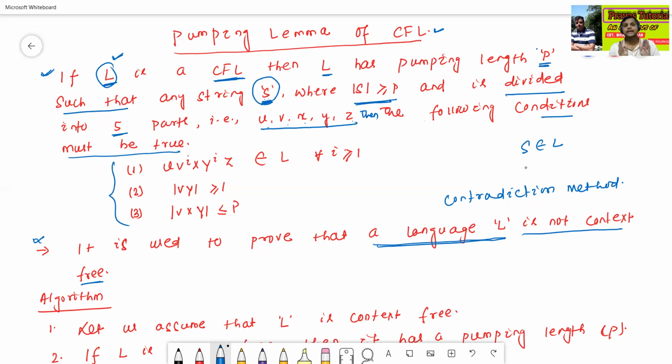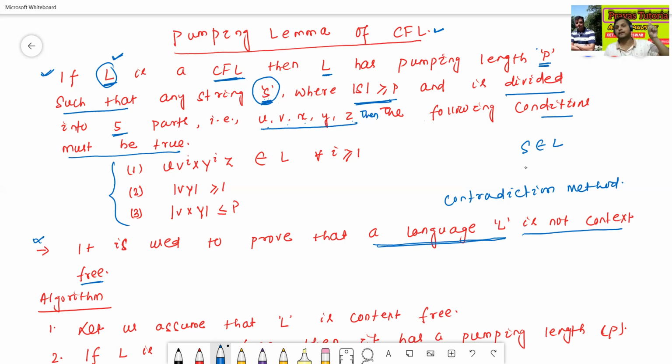Here I'm comparing the pumping lemma of regular language and context-free language. In case of the pumping lemma of regular language, we just divide the string S into 3 parts, let it be x, y, z or u, v, w.